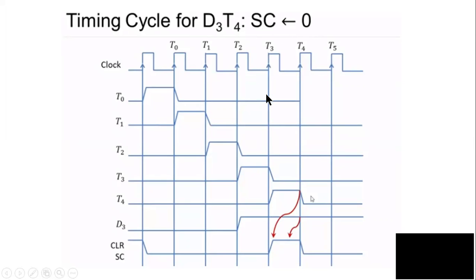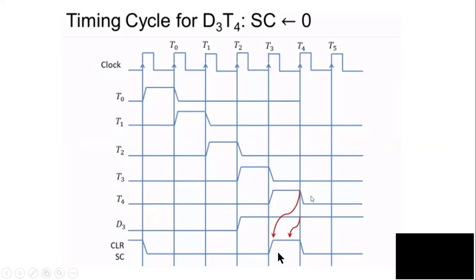So let's see it in the form of waveforms. This is our timing cycle. As you can see, clock T0, T1, T2, T3, T4 and so on. Now we said at time D3 and T4, if both these values are 1, so now this T4 is 1. But only T4 will not work.